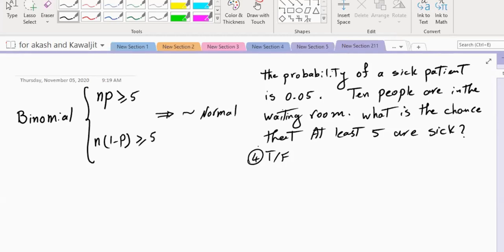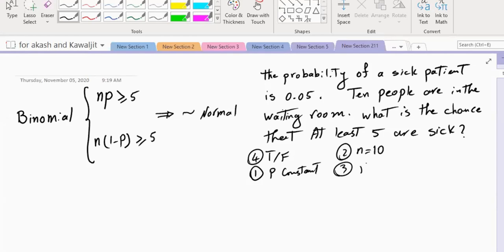Binomial. You are arguing for binomial. What are the other things that tell you that it is binomial? P is constant. We know N. We know R. What is N? 10. Very good.